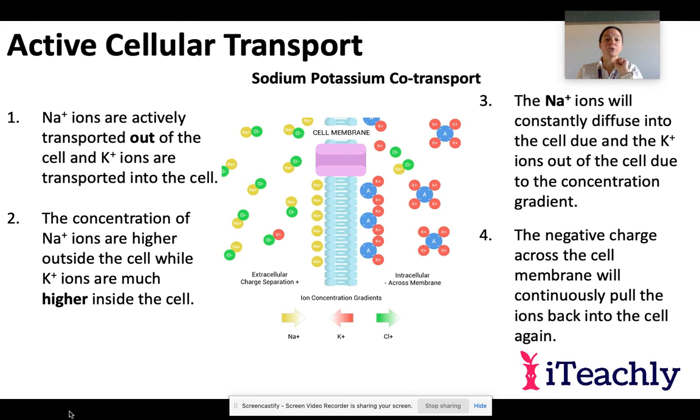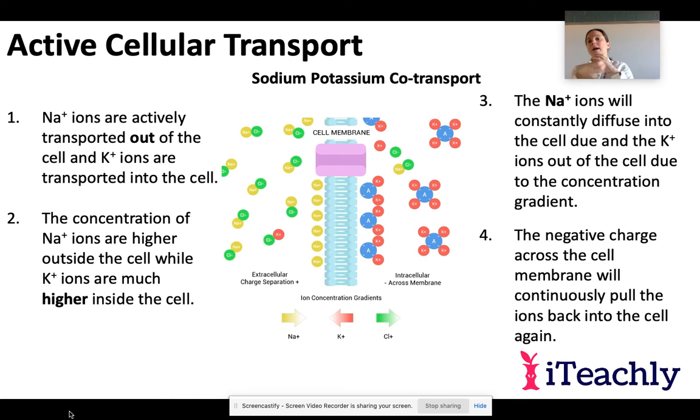The concentrations of the sodium are high on the outside of the cell, while the potassium are high on the inside of the cell. So these are going to be constantly diffused into the cell due to the charges. So they're being pulled in.